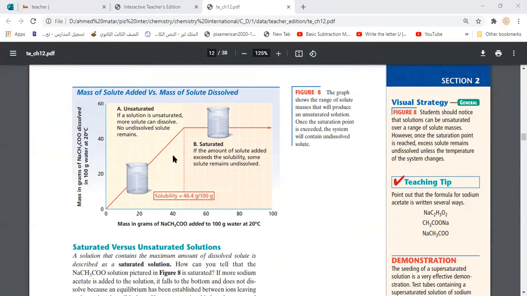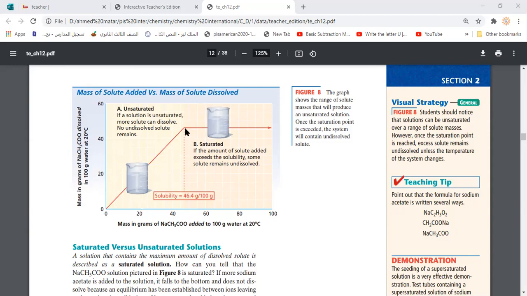Until that point, we could describe the solution as unsaturated, which means there are still spaces between the particles of the solvent, which allow solute to dissolve in. In that area, the solvent could provide more dissolving of the solute.